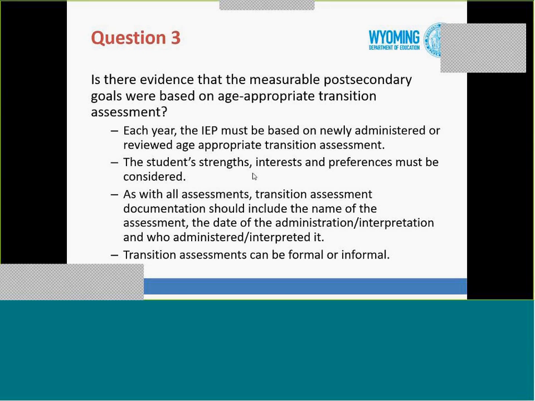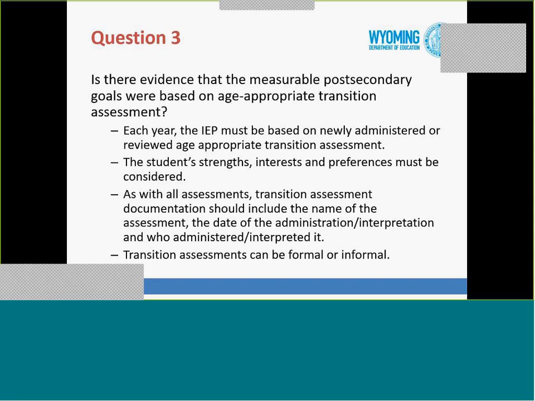Question 3 from the checklist. Is there evidence that the measurable post-secondary goals were based on age-appropriate transition assessment? So each year, the IEP must be based on newly administered or reviewed age-appropriate transition assessment. The student's strengths, interests, and preferences must be considered.